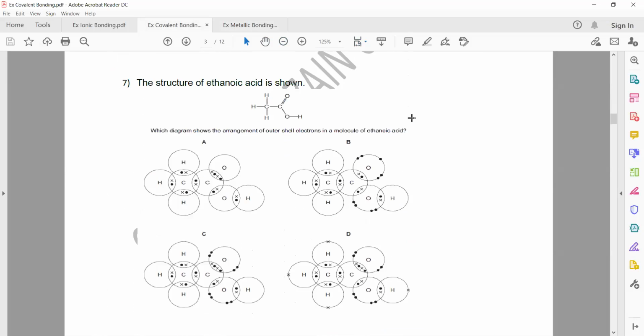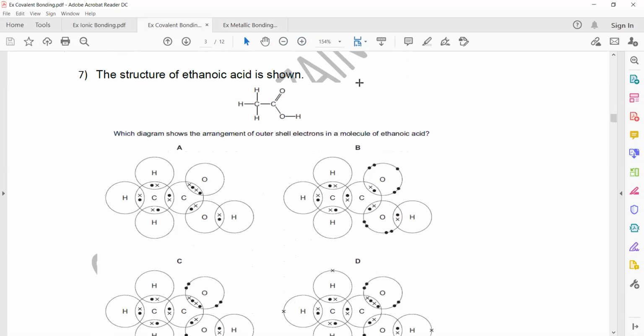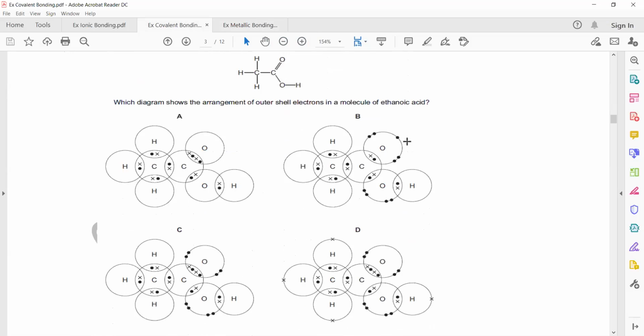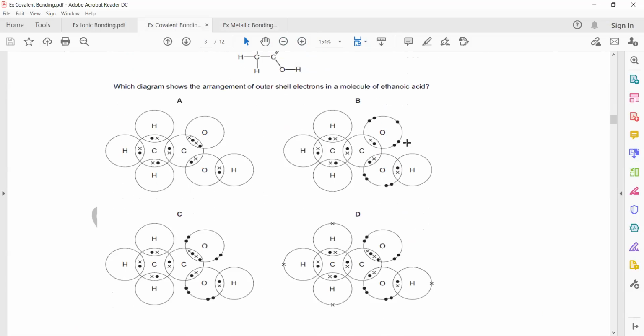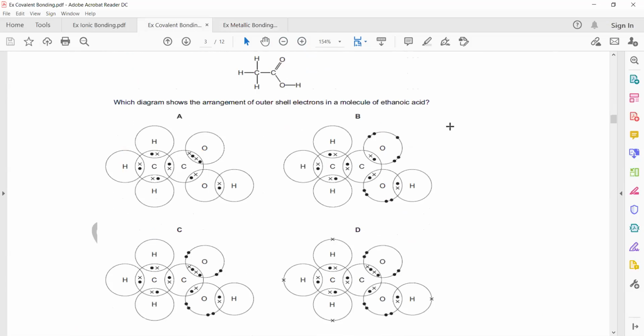The structure of ethanoic acid is shown. The outer electrons are there. Which diagram shows the outer electrons of the molecule of ethanoic acid correctly?